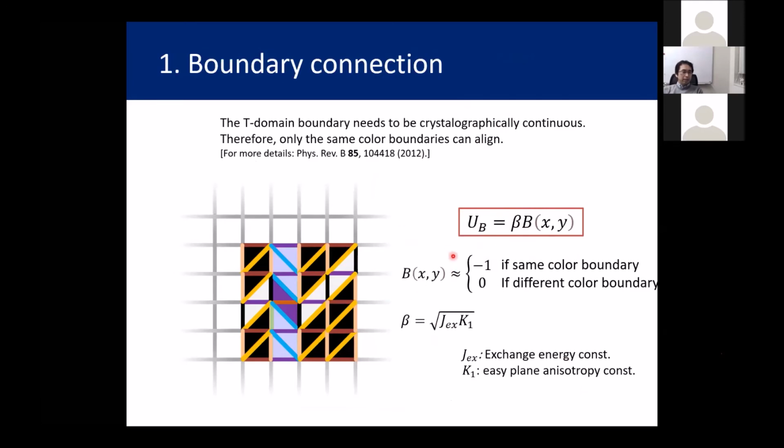And B is a function which gives minus unity when a neighboring connection or same boundary connection is satisfied, and otherwise it's 0.